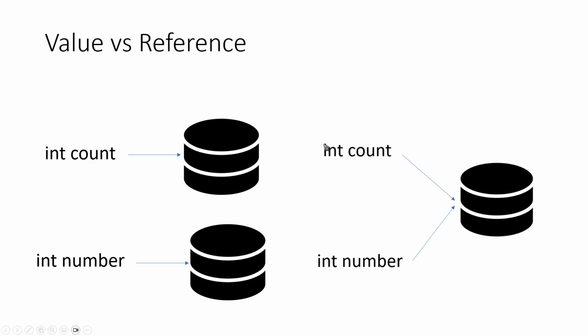Which means if I declare a variable of count and initialize it to 10, and I pass that into a method that has a parameter called number, and this number is set to 40, for example, that's going to affect the count variable as well because they're both sharing this same memory location. But enough about the theory. Let's go check this out in Visual Studio.